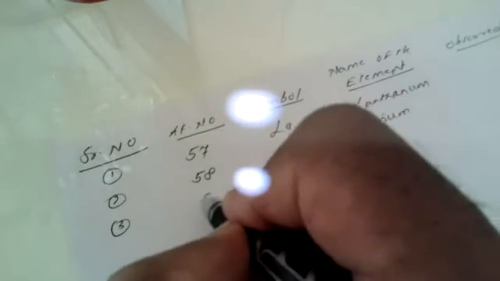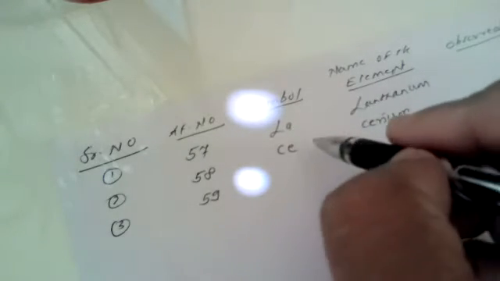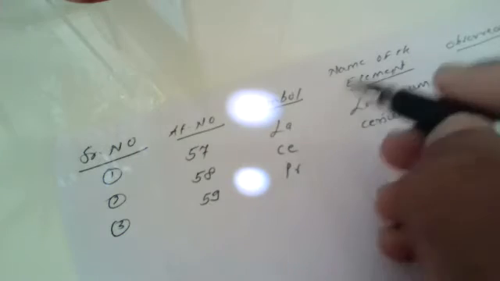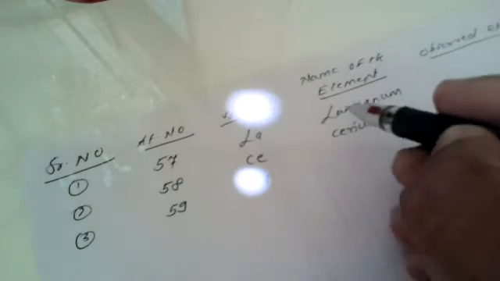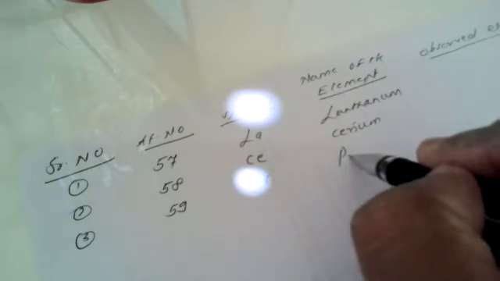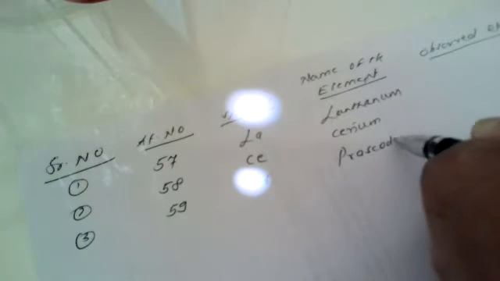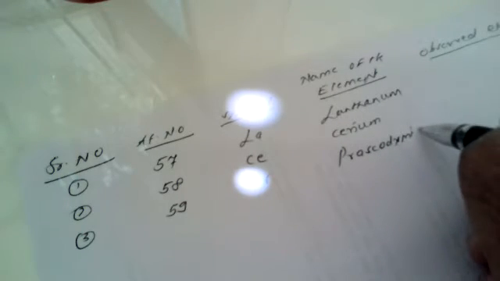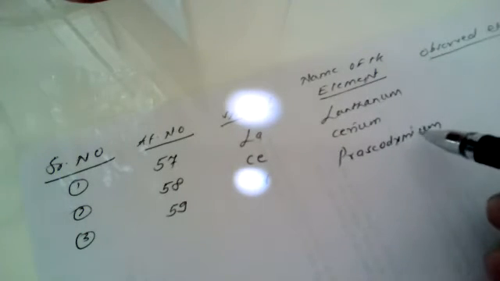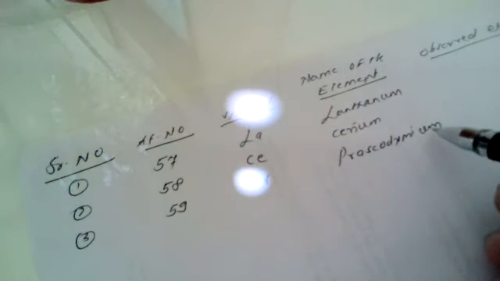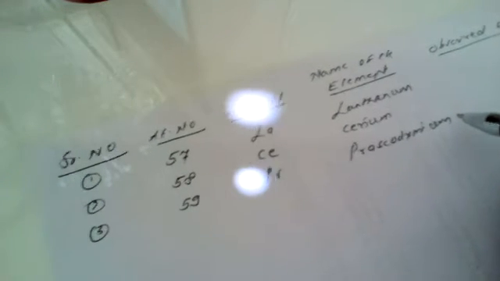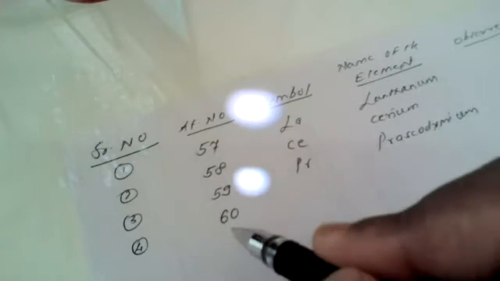Then the third member, atomic number 59. Symbol is Pr, and the name of this element is praseodymium. The fourth element has atomic number 60.